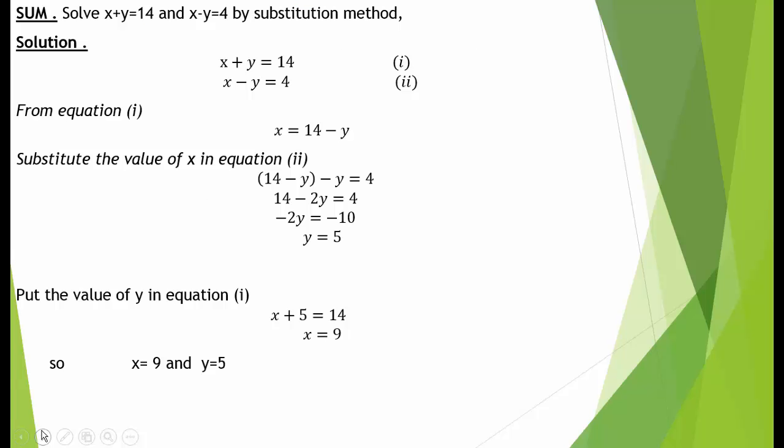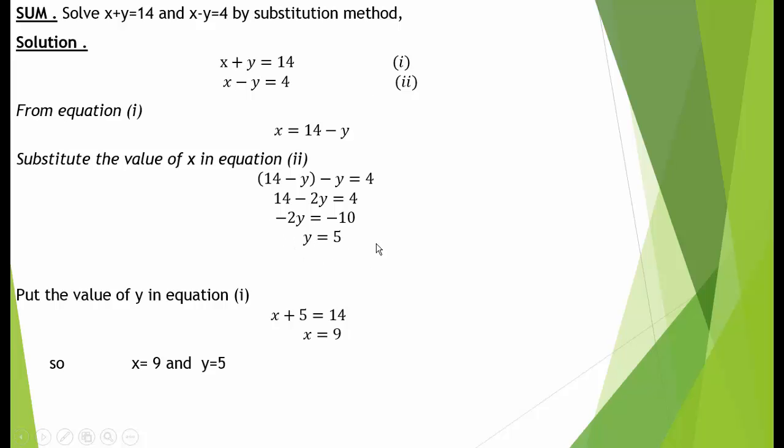Then we did some numericals on this, in which we first find the value of one variable in terms of another variable. Say here I am finding x in terms of y, and then we will substitute this value in the second equation and solve for the variable y.